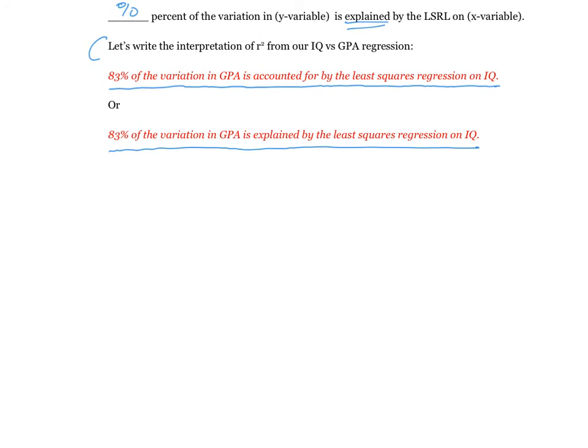One way to think of this is that looking at GPA and IQ, IQ does a pretty good job of predicting GPA because our R squared was 83%. But it's not perfect, okay? There may be some other factors involved when I'm making this prediction, okay?